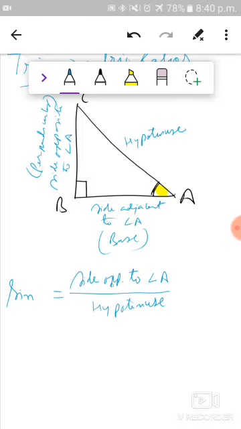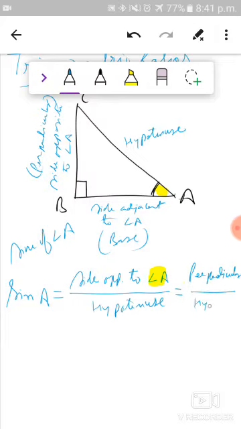Now see, the ratio of side opposite to angle A and hypotenuse is called sine, and because we have used angle A here, this particular ratio is for angle A, so we can write it as sine A. Sine A means sine of angle A. Side opposite to angle A is also known as perpendicular, and hypotenuse is hypotenuse.